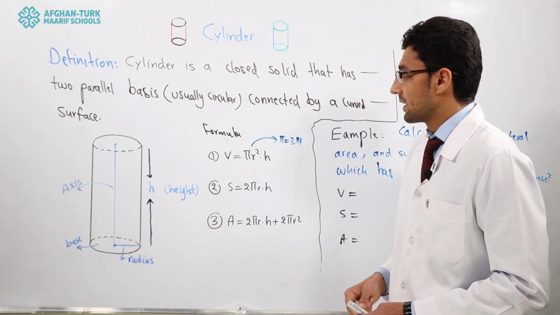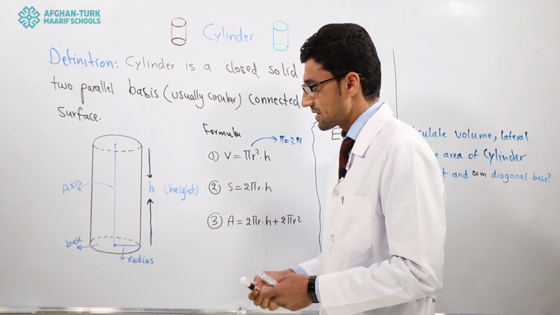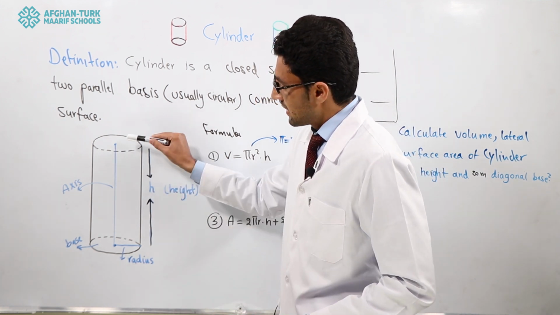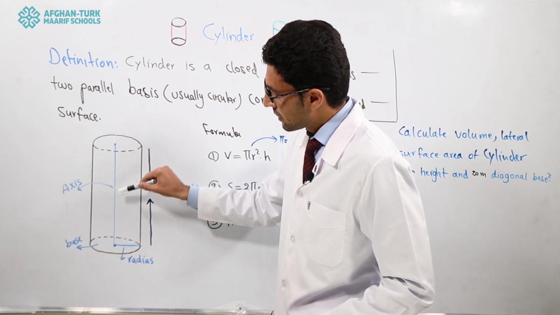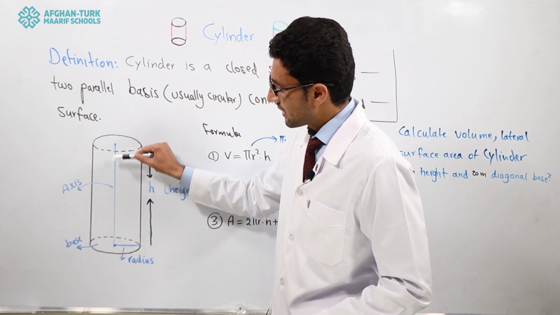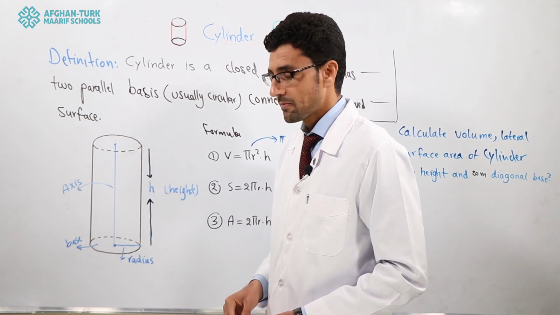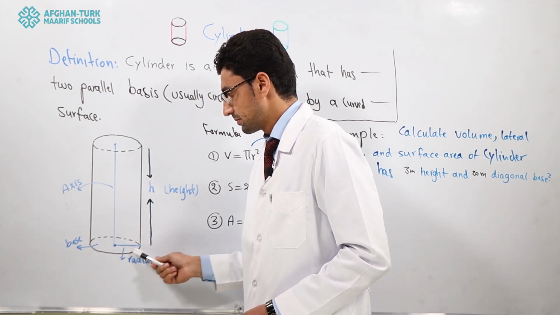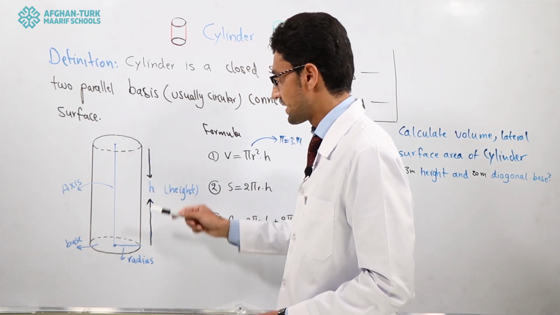Now, let's start to understand the details which are in a cylinder. The line which connects the centers of the circles, we call it the axis. And these two circles are the bases.